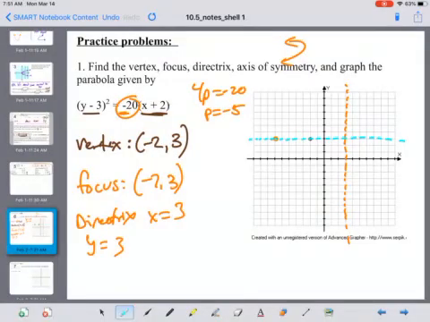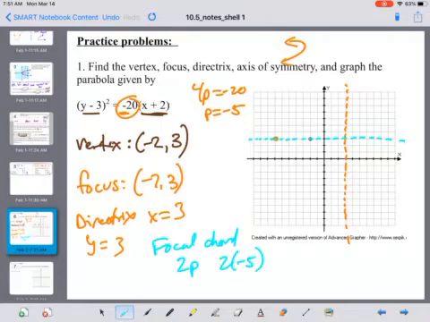And then we get some other points by using the focal chord. The focal chord is 2p units. So because our p is negative 5, 2 times negative 5 means that it's negative 10 or 10 units.